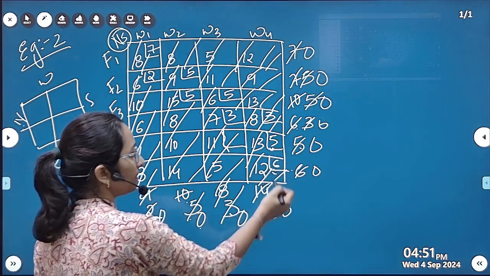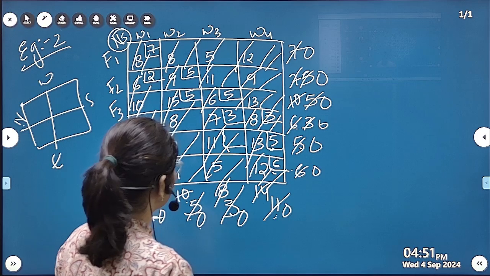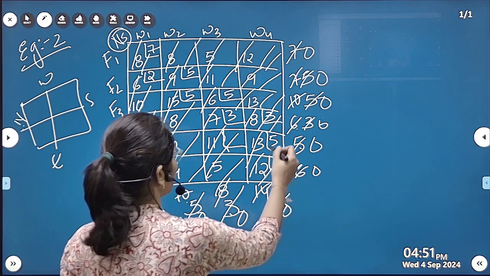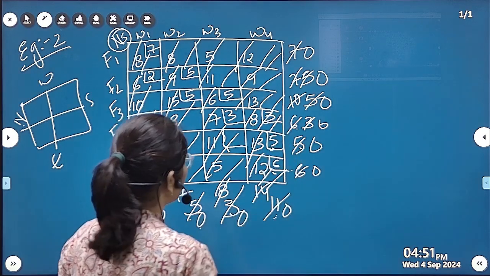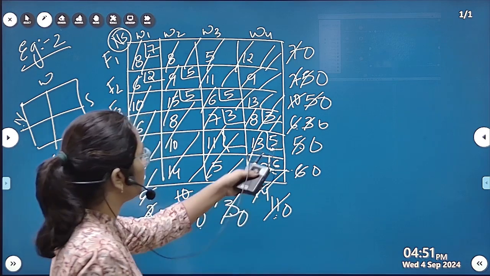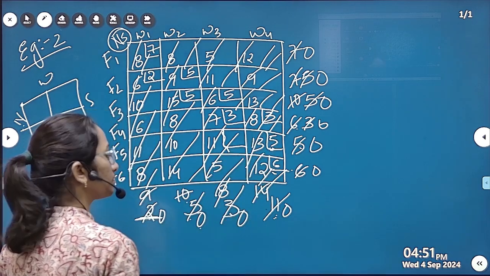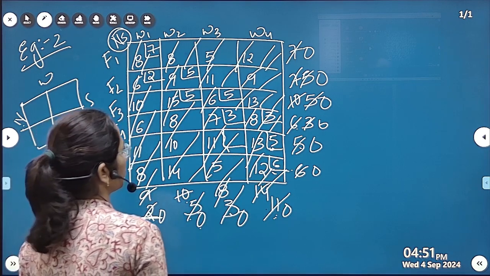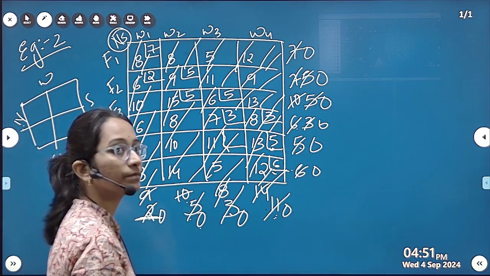So the total is 11 units, right? Sorry, it will be 9. 6 plus 5, yes, it's correct only. 6 plus 5, 11. 11 plus 3, 14, right? Yes, it's right only.